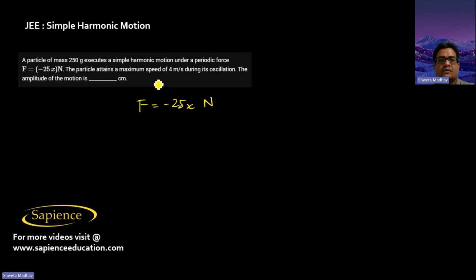The amplitude of the motion is asked. So we know that force equals minus kx according to Hooke's law, since this type of force only will act when SHM will happen. So here k is equal to 25 Newton per meter.